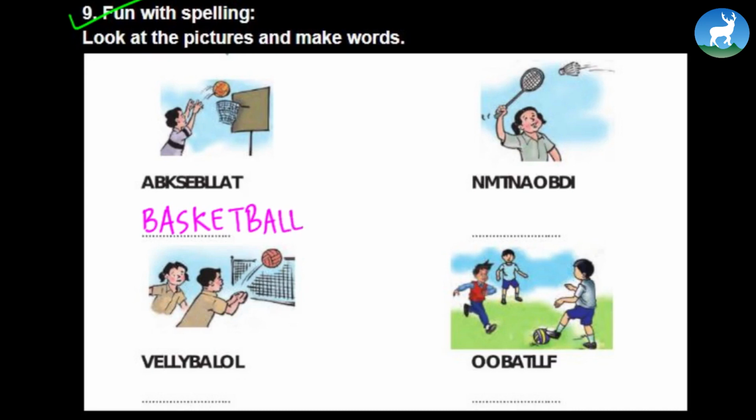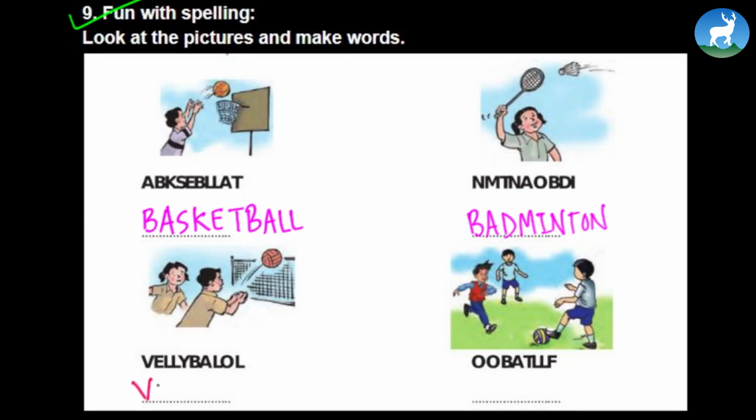Look at the second picture. The girl is playing badminton. And how do you spell badminton? You simply write B-A-D, bad, and we go with min, followed by ton. So that's the spelling. Let's look at the third one. They're playing volleyball.